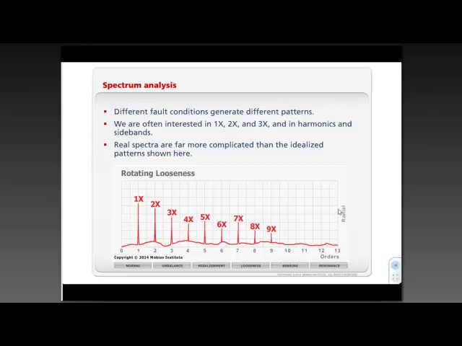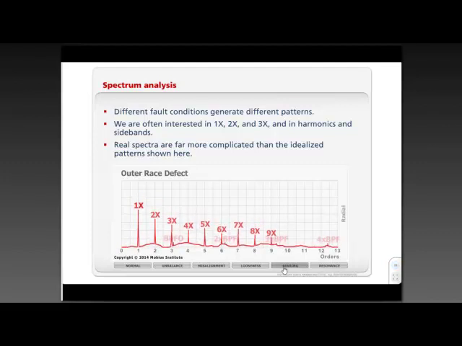Classically, people see harmonics and think, oh, it must be looseness, but it's only looseness if it's strong harmonics of 1x, and ideally I'd like to see the noise floor lift up a little bit. For bearing fault, we typically have impacting going on.